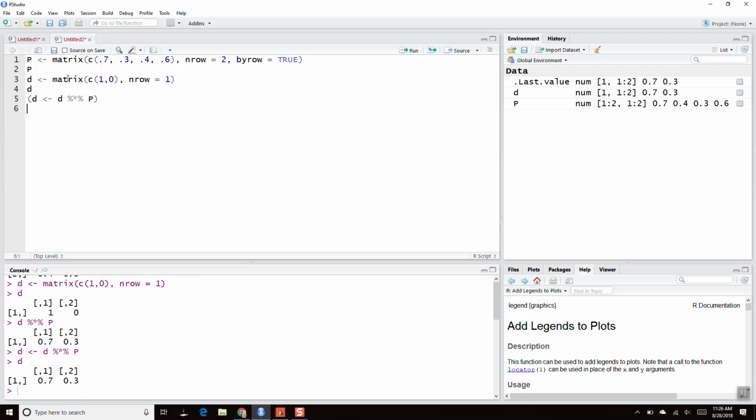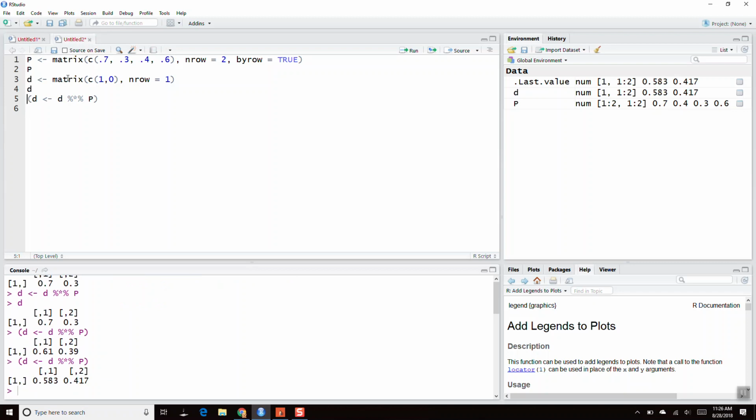So we can just see what this looks like. If I multiply it by P again, then we have 0.61 and 0.39, which is what we did for the first two by hand. And if I do this again, then I get 0.583, 0.417, and then as I keep applying this, you can see eventually the values don't change very much. 0.5714311 and 0.5714286.